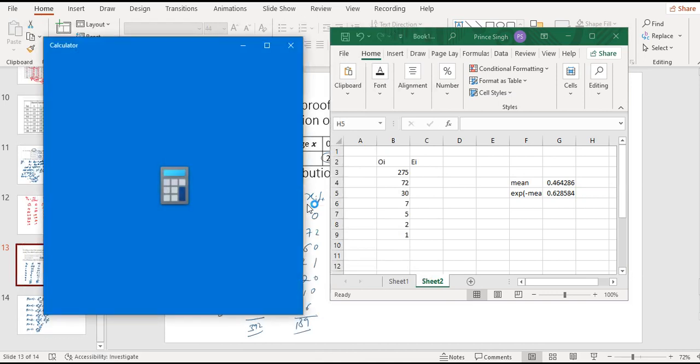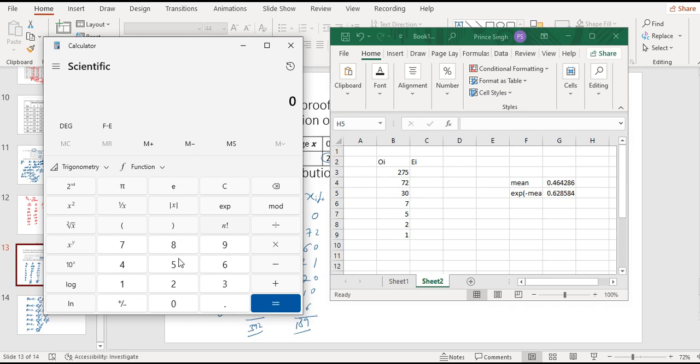So what we need to do: firstly we need to calculate the value of the mean, that is 189 divided by 392, and then we need to take the exponential of this particular one.